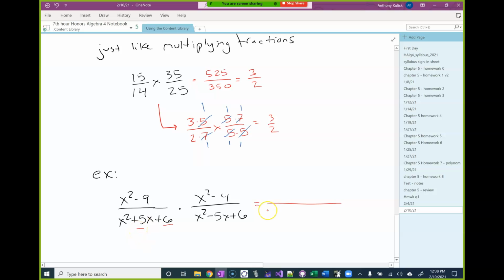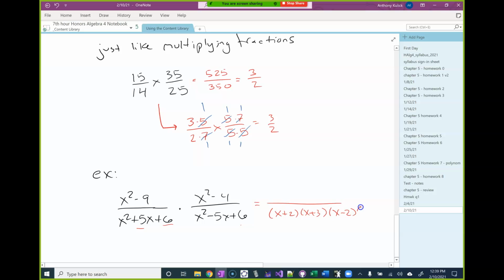The second one is 6 and negative 6 and 1. Those multiply to give you negative 6, not positive 6. Oh, 2 and 3. There you go. And then negative 2 and negative 3. There you go.